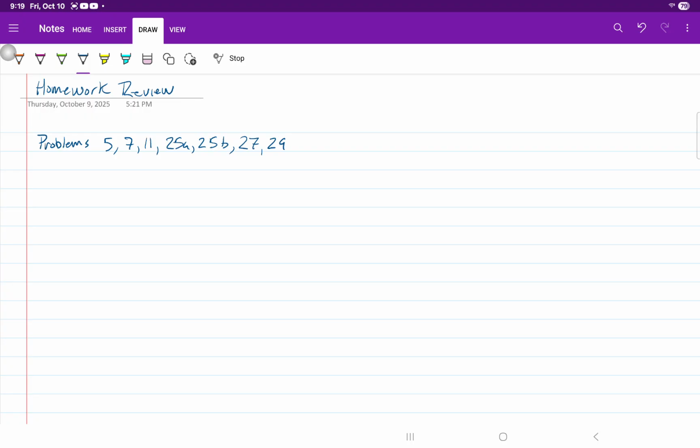Let's start out with problem number 5, where you were asked to compute the z-score in various situations for a population that had a standard deviation of 10. Okay, so the first one was above the mean by a score of 10.